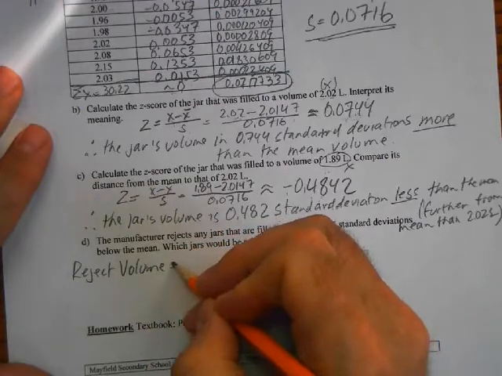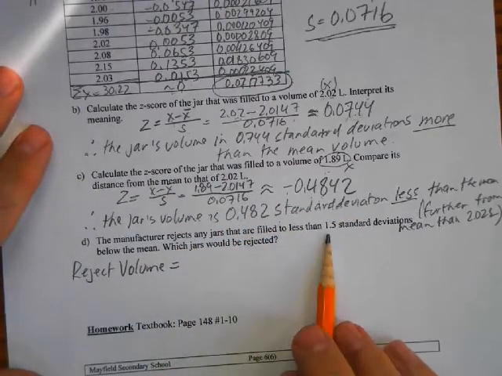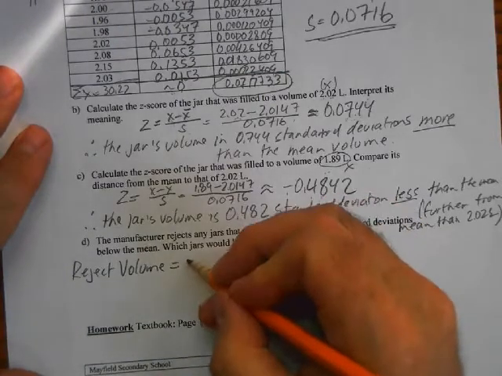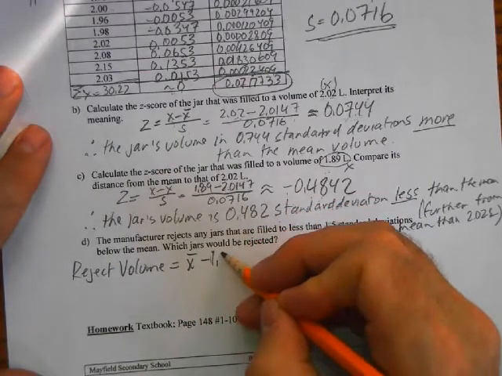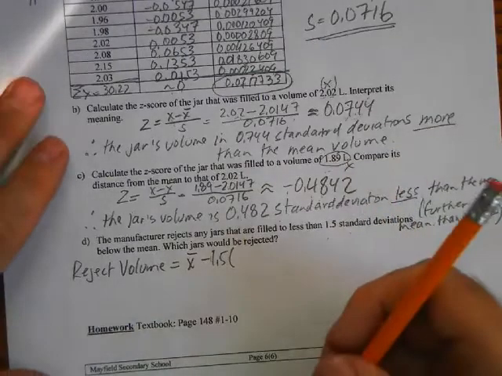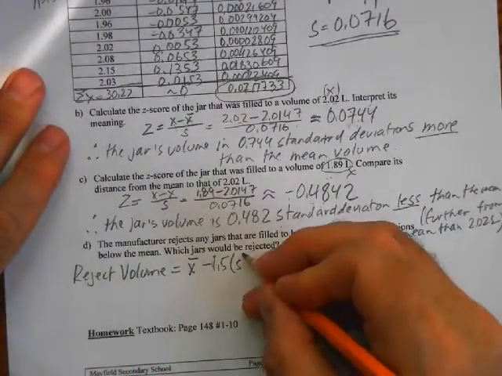And the way we calculate that, it's 1.5 standard deviations below the mean. So we're going to start with the mean, x bar, and then we subtract 1.5 times the standard deviation.